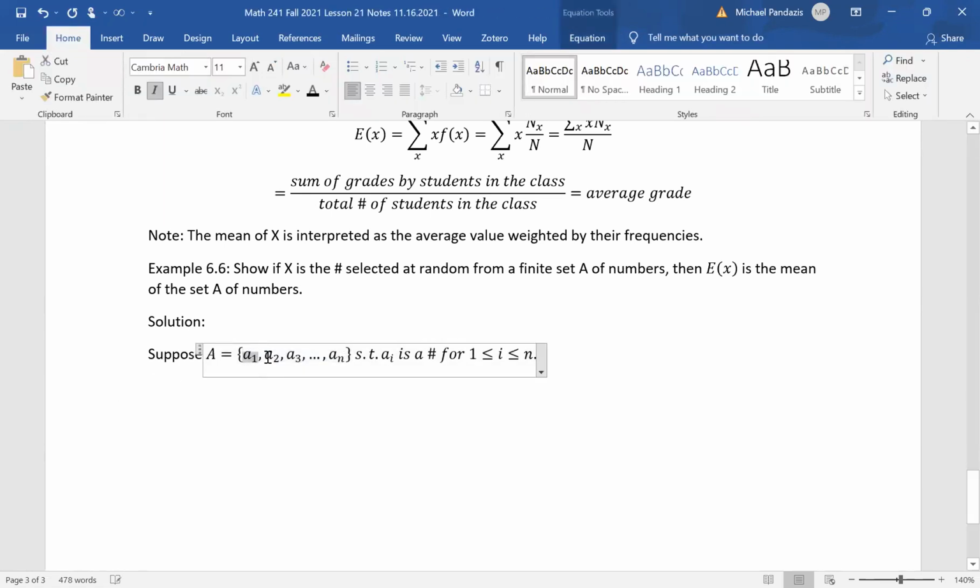Okay, so each A sub i in this set is a number. It's one of the numbers in this finite set of numbers. And so we end this list at A sub n. So it goes from A sub 1 to A sub n. So there are n numbers in the set.